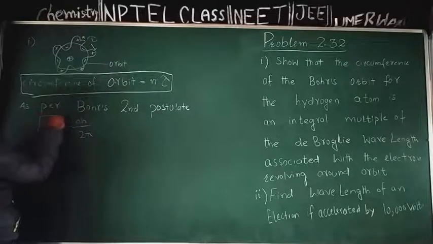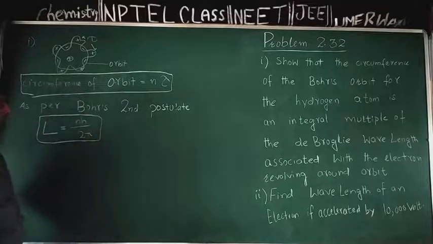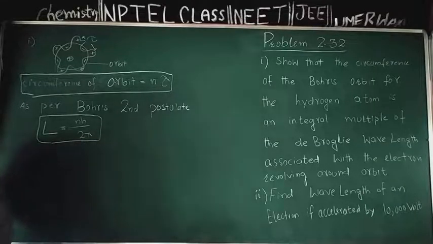This is one of the postulates of Bohr's model of hydrogen atom, that electron is revolving around nucleus in fixed orbit, and for this fixed orbit value of angular momentum of electron is quantized, fixed, equal to nh by 2 pi.